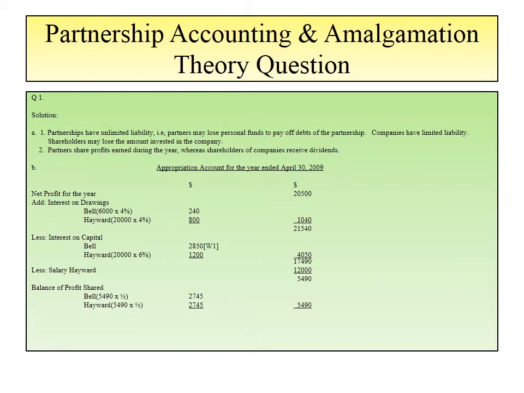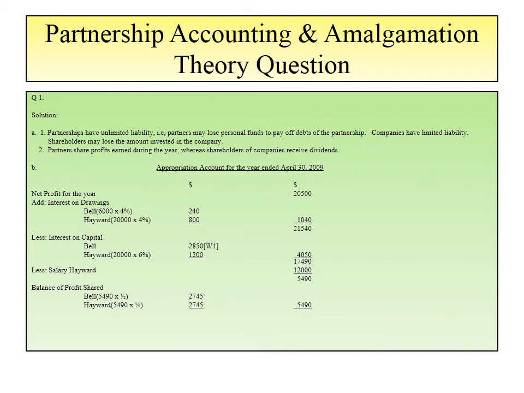The total interest on capital is 4050. This is deducted from the total profit, and that comes to 17,490. From this amount we deduct the salary to Hayward, 12,000, and we are left with a profit of 5490. This amount, 5490, is equally divided among the partners.